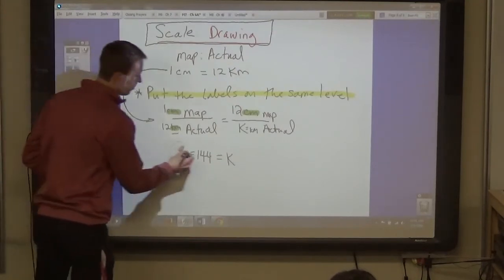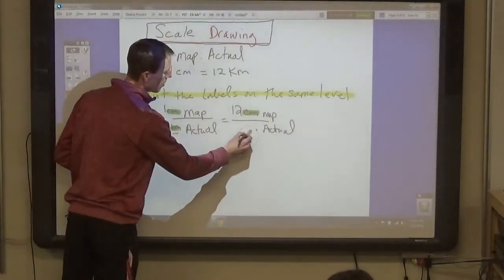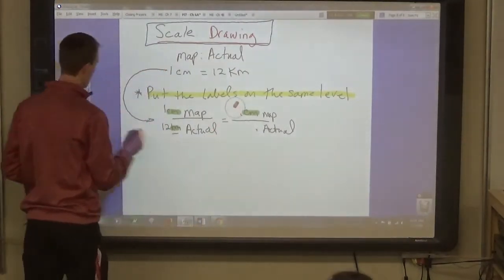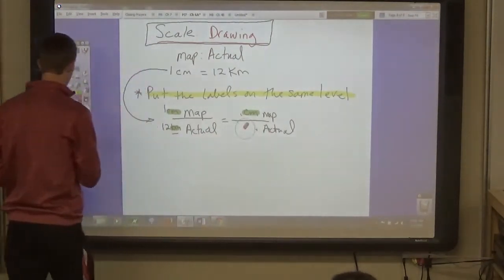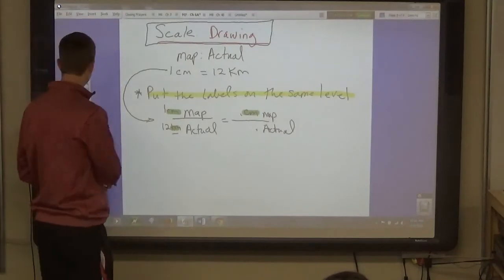Now, what if it's not quite as simple as that? What if you were given the actual distance and you're making the map?